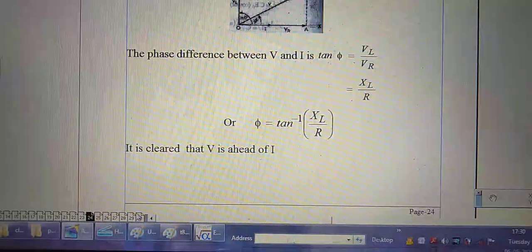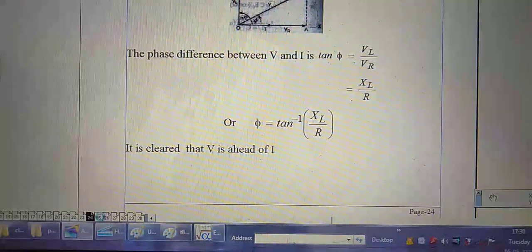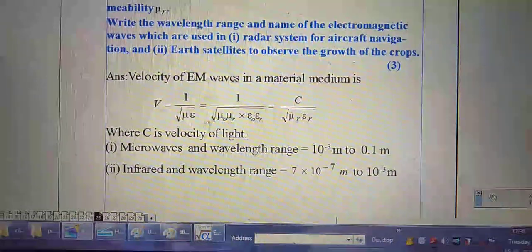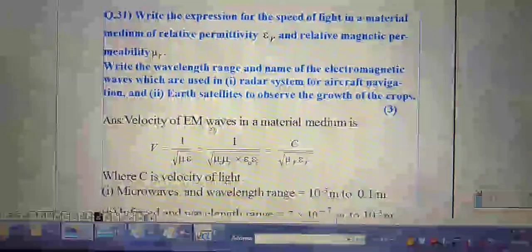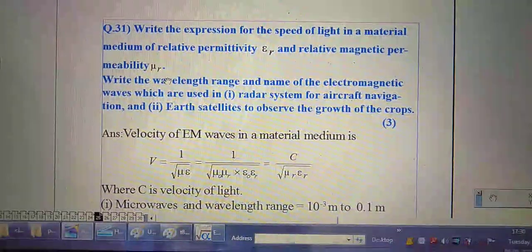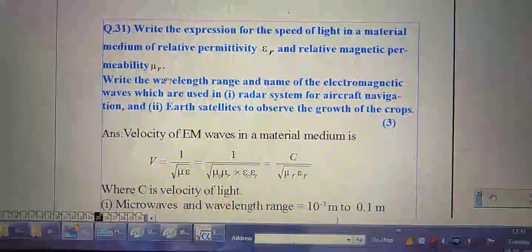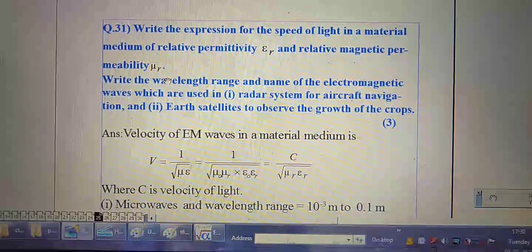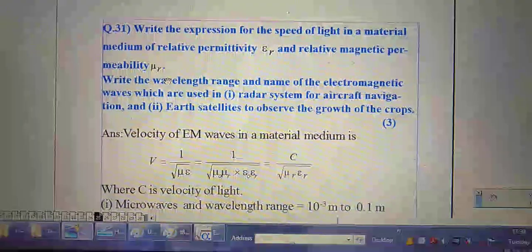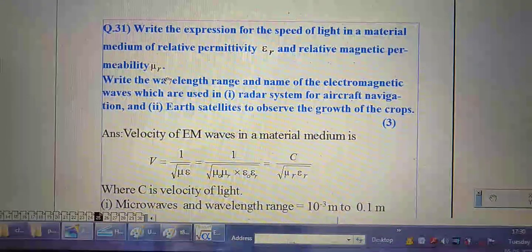Okay, next question. Write the expression for the speed of light in a material medium of relative permittivity epsilon r and relative magnetic permeability mu r.